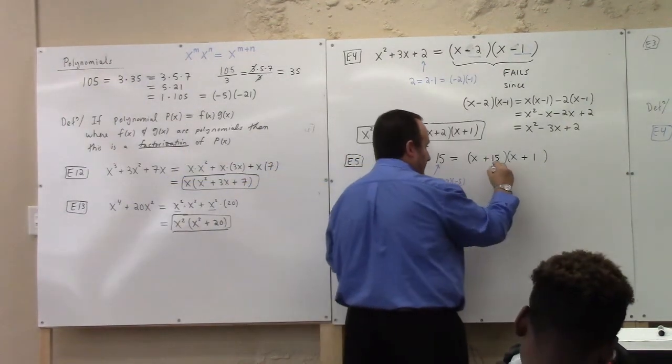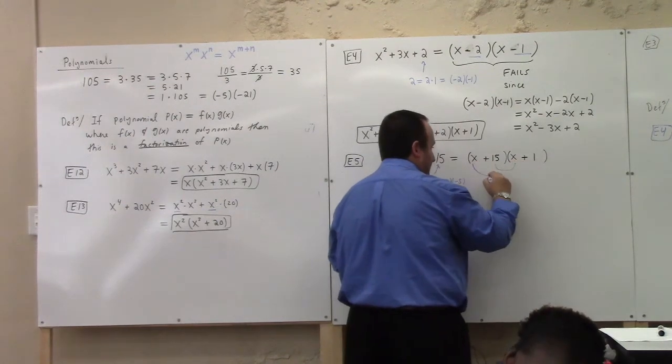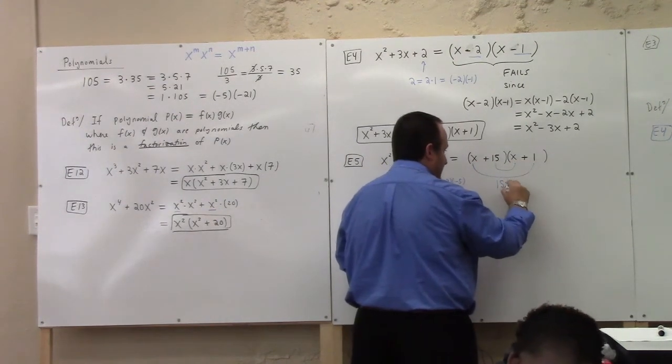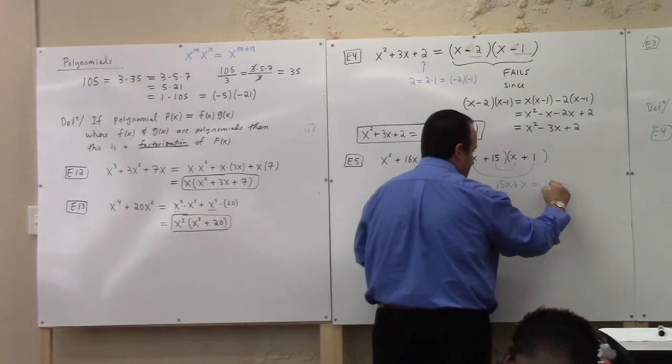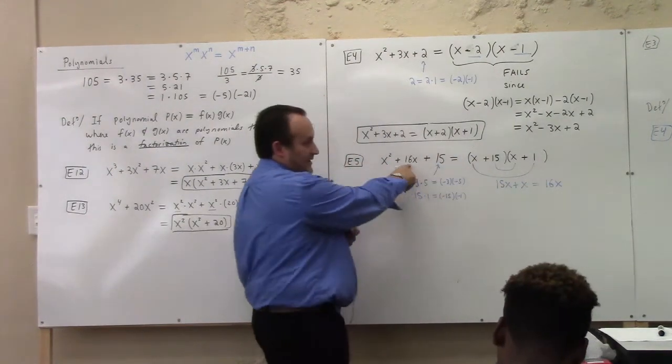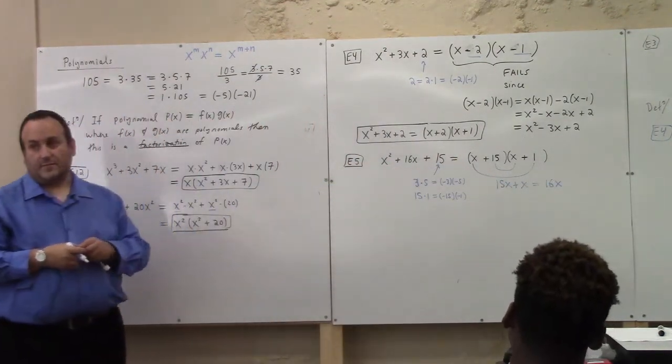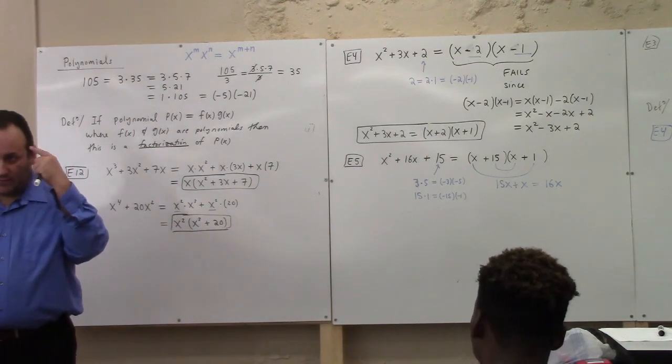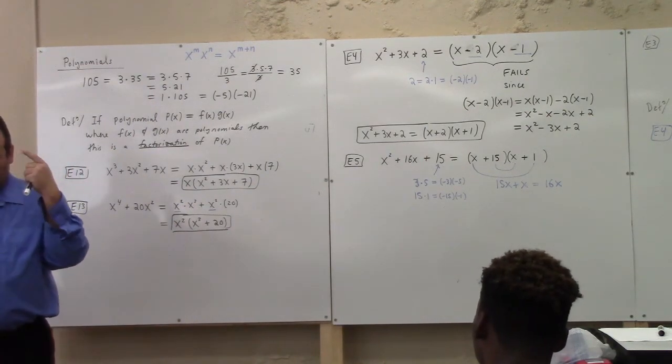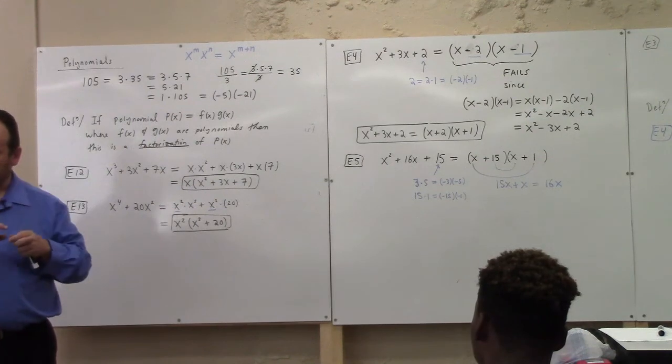We think about 15 times x and x times 1. That gives me 15x plus x, which gives me 16x. That's what I had. So this is the quick check. You have to think about the cross terms, and do they match the middle term?